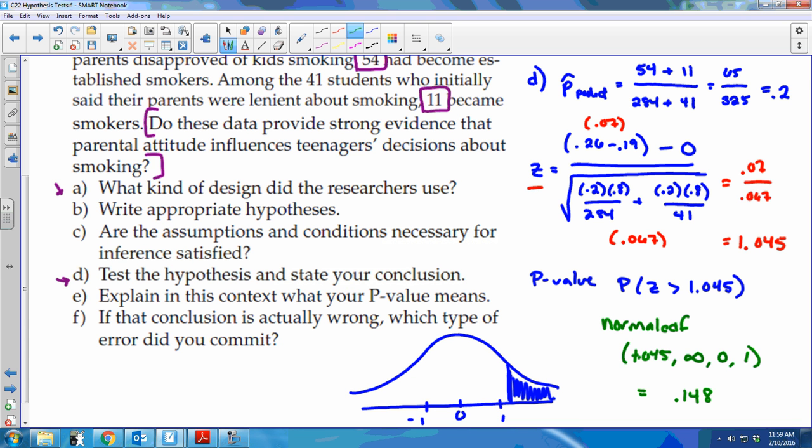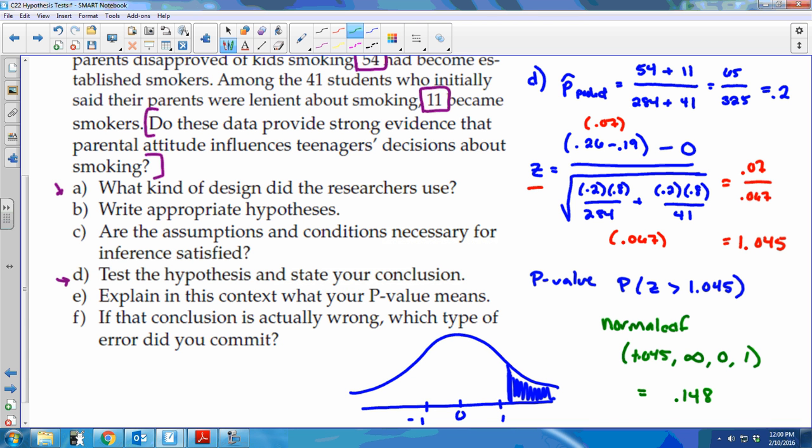So once I have p-value, what do I have to do? State a conclusion. Your conclusion has 3 pieces. So what is the first thing we need to say? Yeah, so in this case, what are we going to say about p-value? P-value is large. Now again, eventually they're going to start giving alpha levels to you.